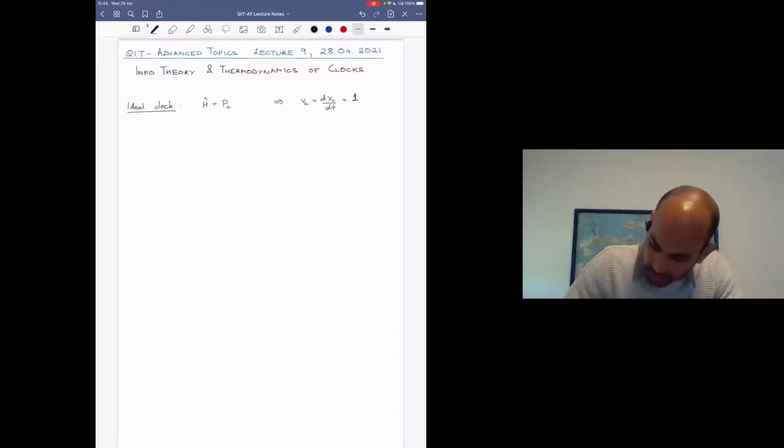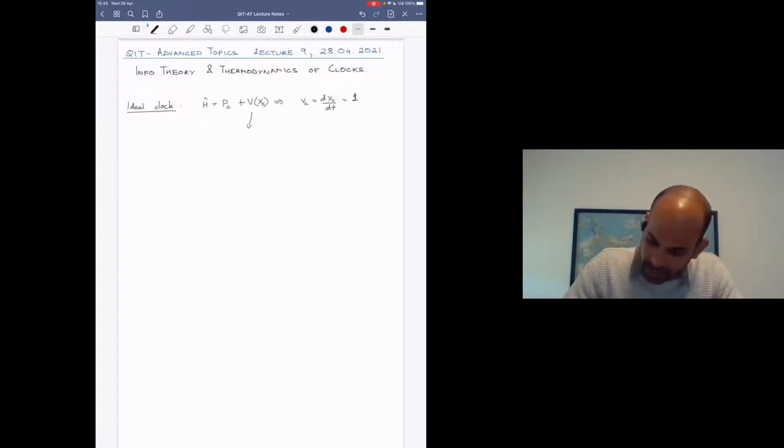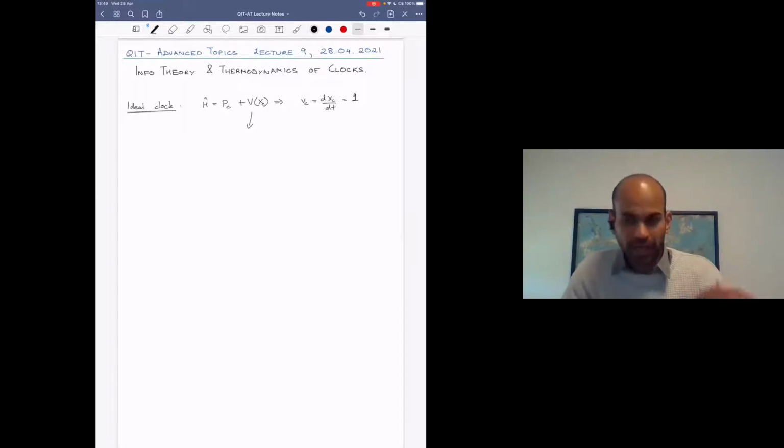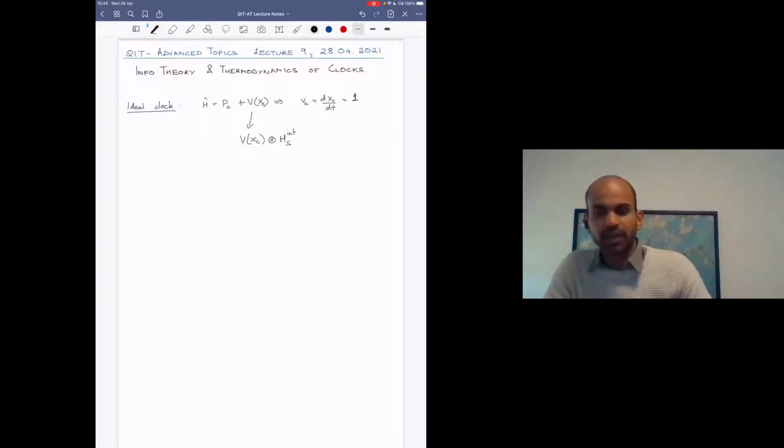And this is also even in the presence of a potential on the clock. So we could use this property to essentially do a unitary or any interaction on an external system by writing a joint Hamiltonian and turning this x-dependent potential of the clock in tensor some interaction Hamiltonian on the system of interest.